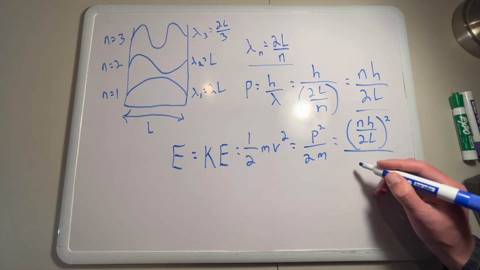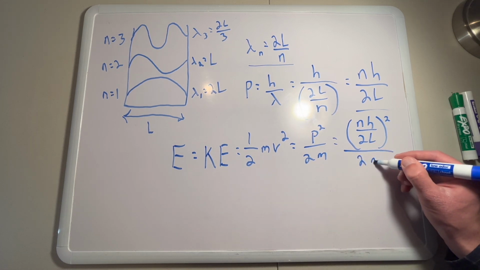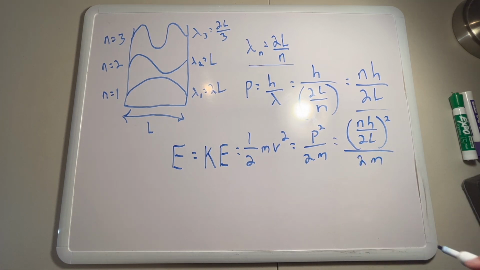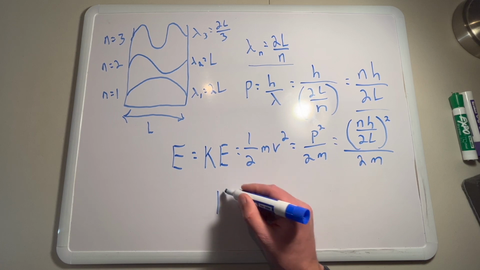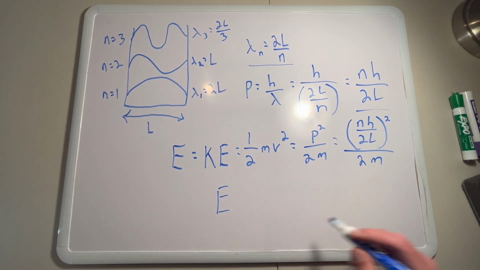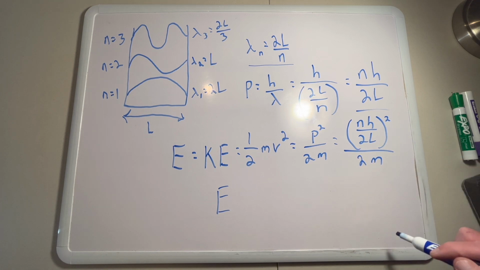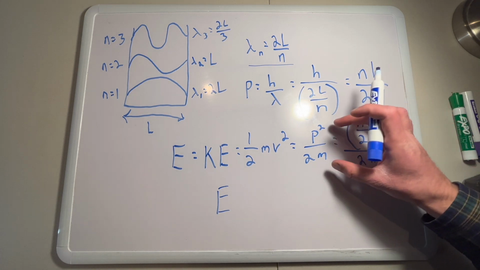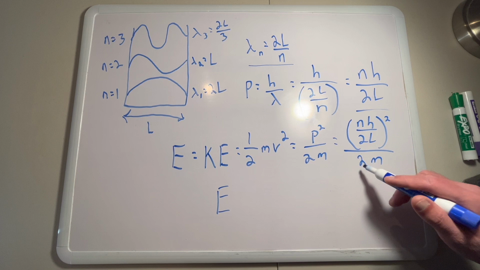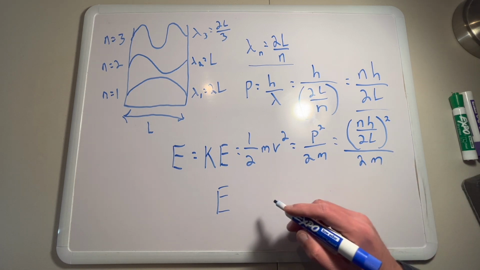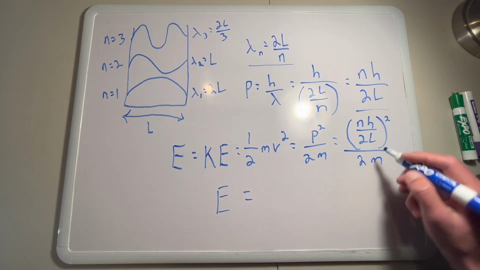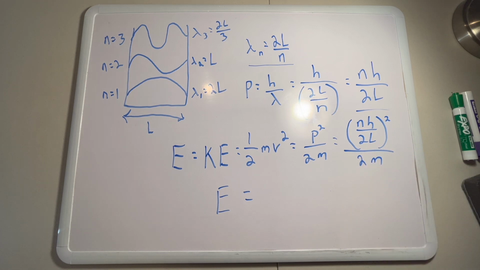Then I'm going to divide out 2m. So this might be a big step of algebra next, but we're just going to move everything down here into the denominator. You can think about it as taking this guy and multiplying 1 over 2m.